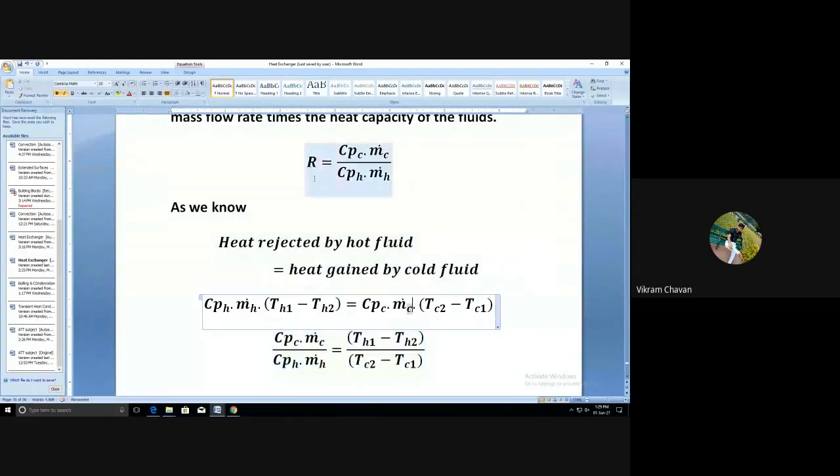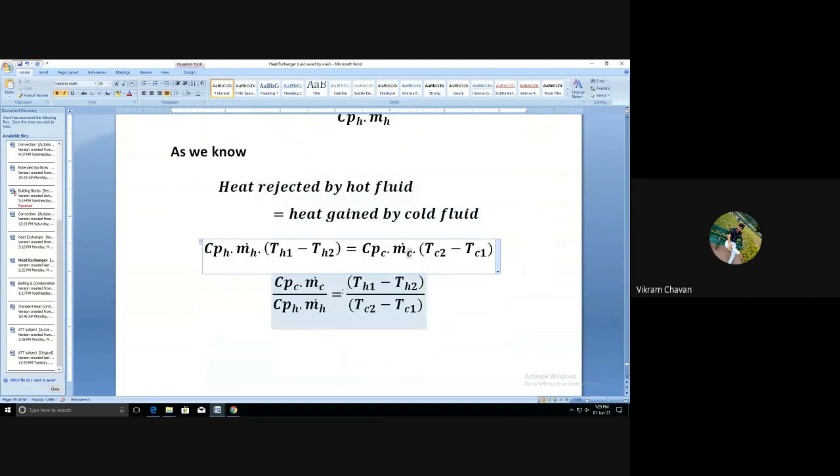So instead of that ratio, we can consider TH1 minus TH2, the temperature drop of the hot fluid, divided by the rise in temperature of the cold fluid.